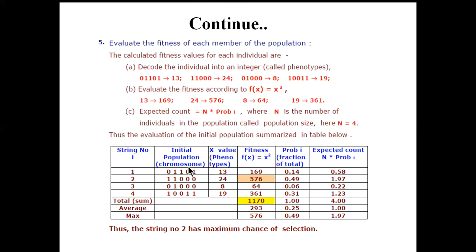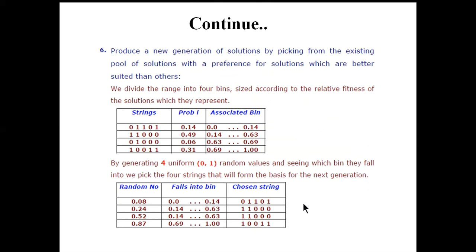First of all, we decode them into the corresponding integer values like 13, 24, 8, 19, and we get the corresponding fitness values. Then we calculate the probability of selection, which is nothing but fi divided by the summation of fj. If we multiply the probability by n, the population size, we get the expected count.